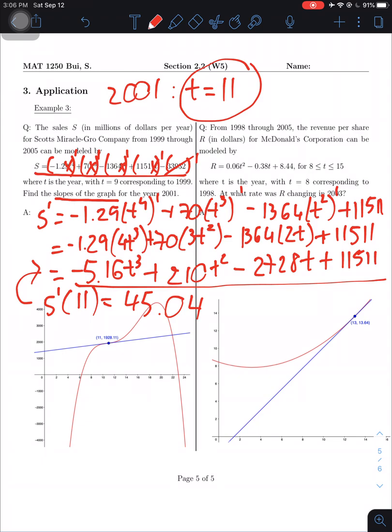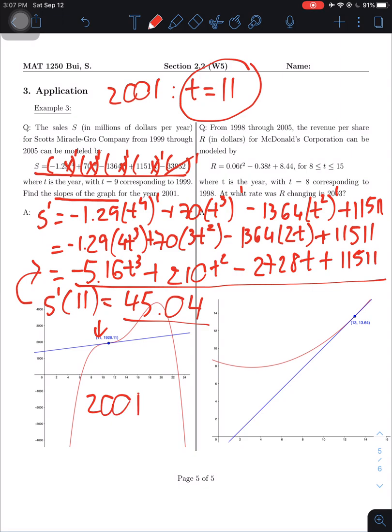And this one is the graph to show us that at the time where t equals 11, we get a positive slope. That's why this number in here is positive, right? It's why it's increasing. And we're talking about the year 2001.